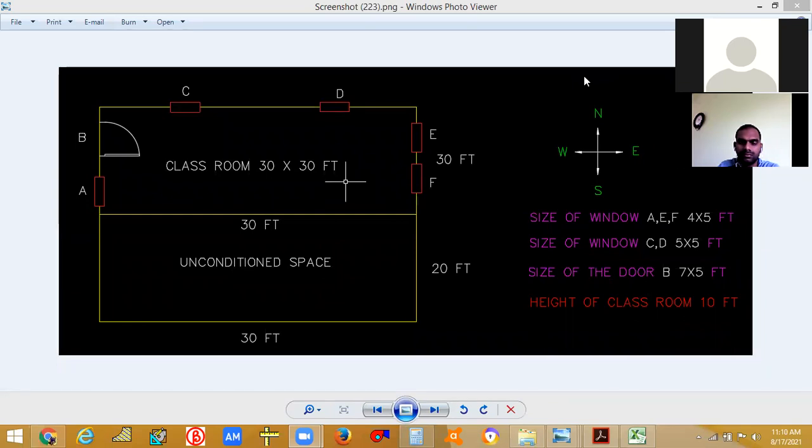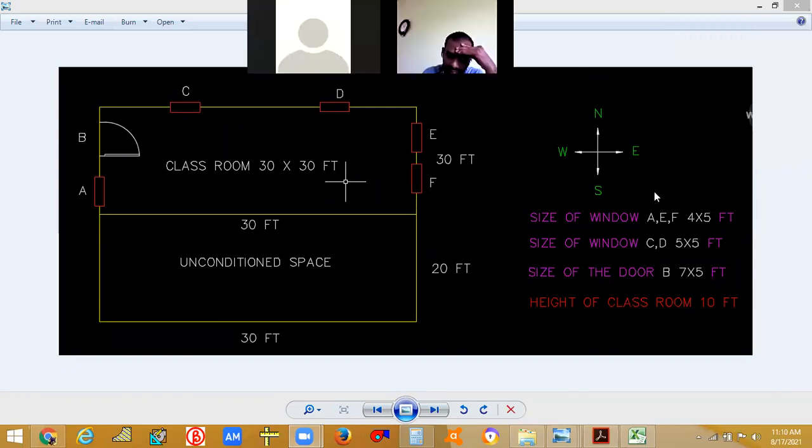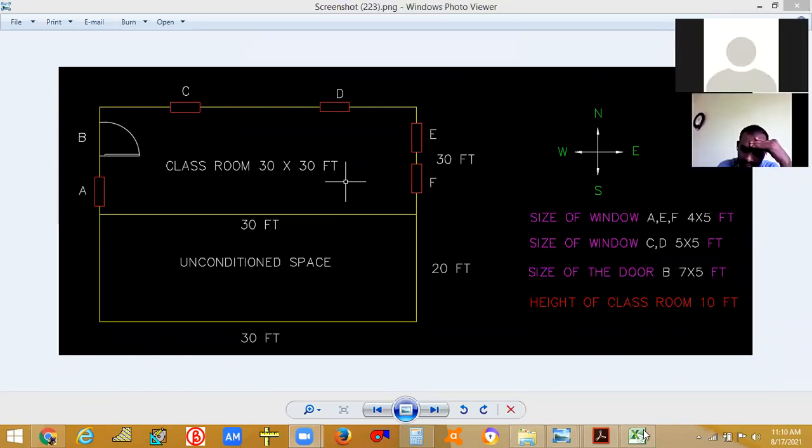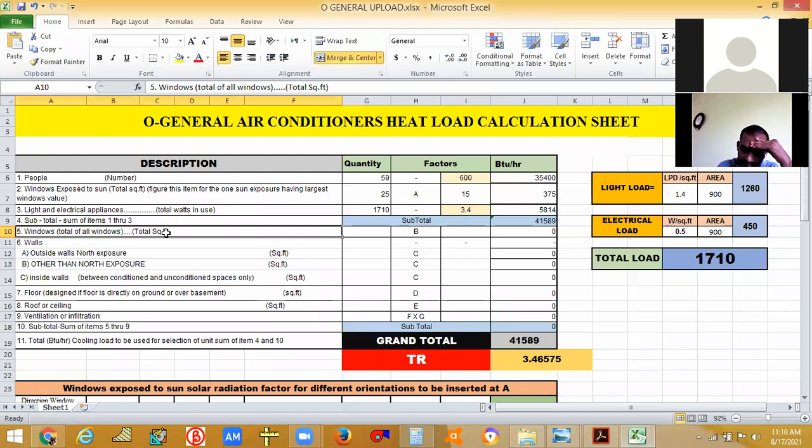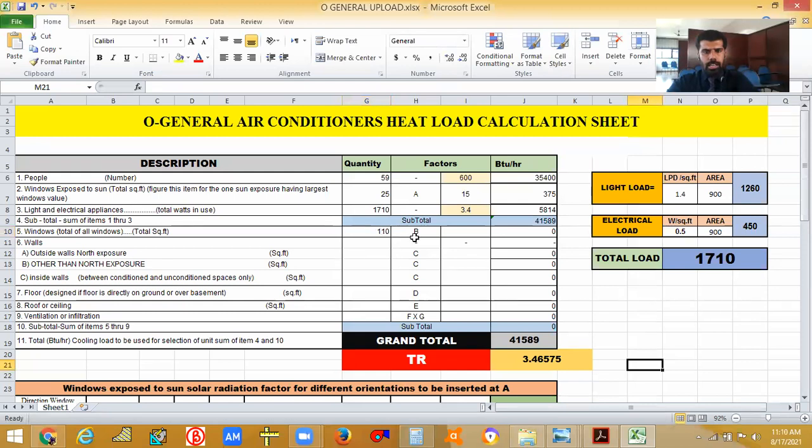So it is 110 square feet. The total windows total square feet is 110. Now 110 you have to multiply with the factor B.